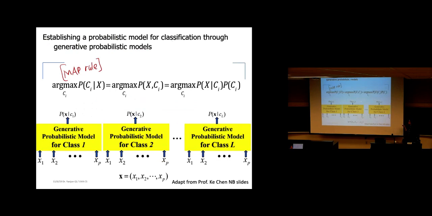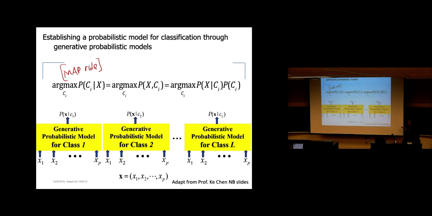Then you multiply P(X given C) times P(C) together. For a specific X that you care about, maybe in future data, you just perform the argmax operation and you get the best classification. Whoever gives the best probability is the classification label I'm going to predict.